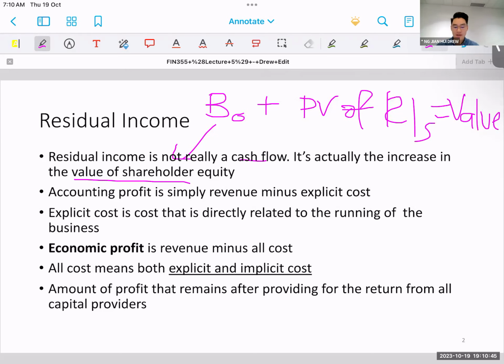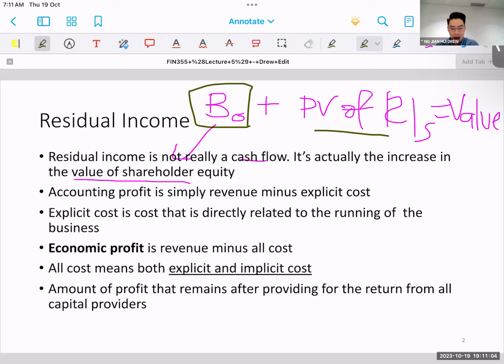So this is how we calculate value for residual income. Because of that, we are focusing on this B naught, and residual income is not really a cash flow. It's more of an economic concept.